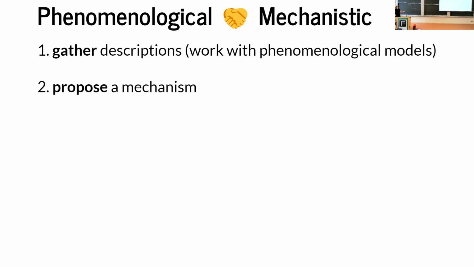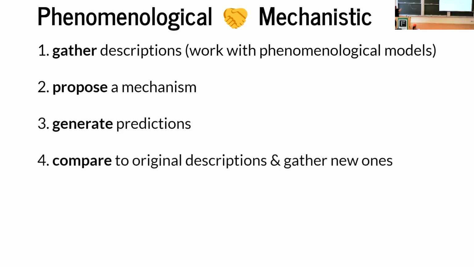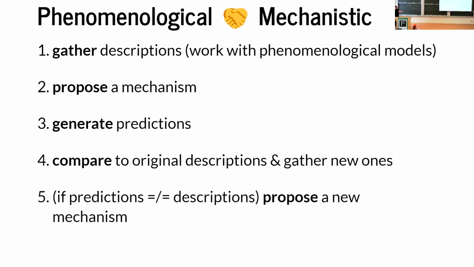And then you might propose a mechanism and say, it looks like this variable really affects the outcome, so let's think about why that is. What are maybe the physics in the system, or the behavior, or whatever it is. And then you generate predictions, compare to the original descriptions, gather new ones, and go back into that cycle.